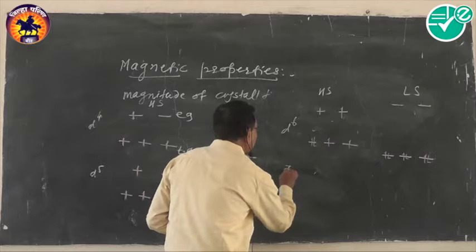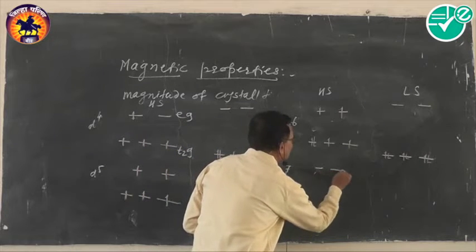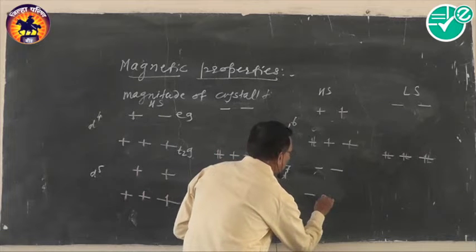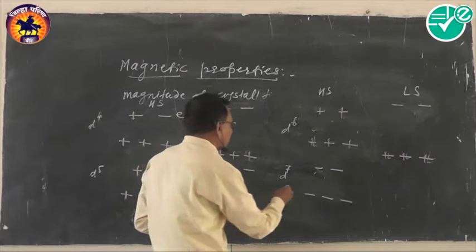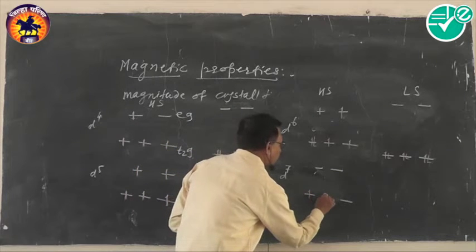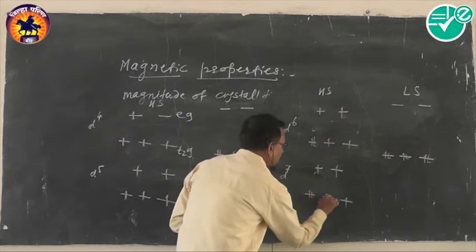In case of d7, suppose this is the d7 case, this is the eg set of orbitals, and this is the t2g set of orbitals, and the splitting is less. Then the electrons first enter like this: 1, 2, 3, 4, 5, 6, and 7.